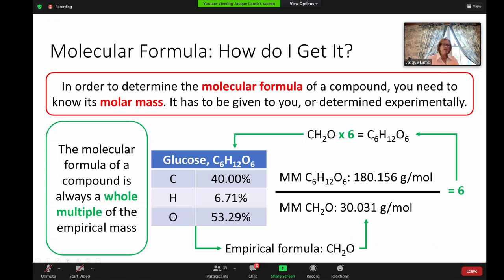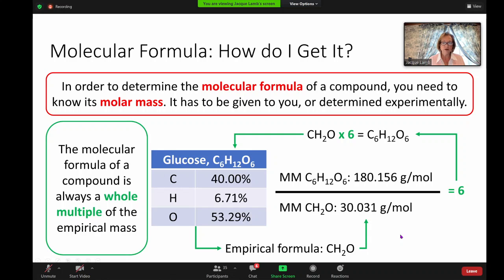So how do you get the molar mass? In order to determine the molecular formula, you have to either be given its molar mass or determine it experimentally. Obviously, for the problems we're going to be doing, you have to be given the molar mass. Notice that for glucose, C6H12O6, the molar mass is 180.156.